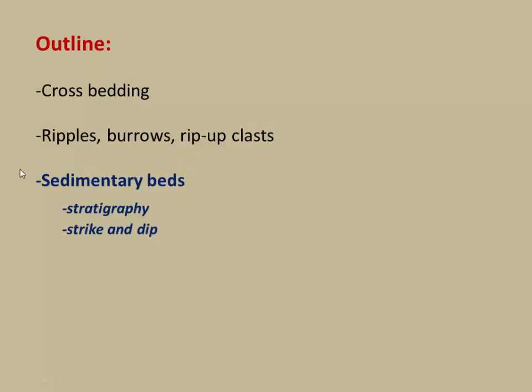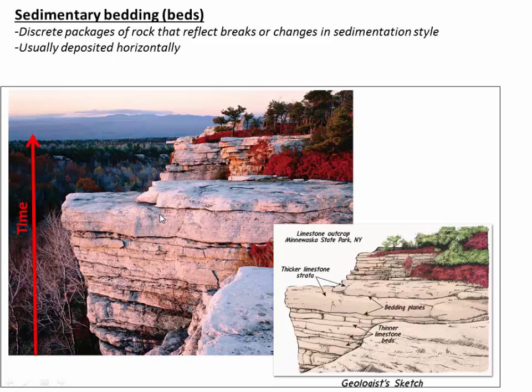Okay, for the final section of this class, we'll talk about sedimentary beds and stratigraphy. Sedimentary beds are one of the hallmarks of identifying sedimentary rocks in the field. And here's an example, some limestone beds. The bed unit is a given little block right here.